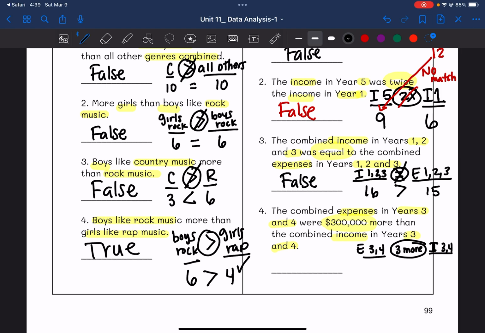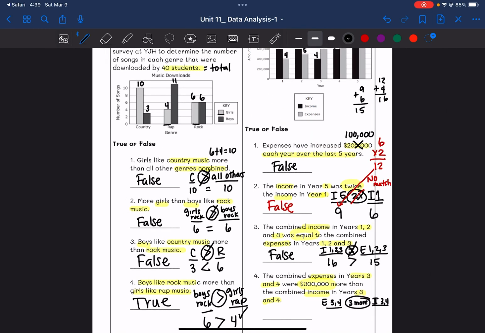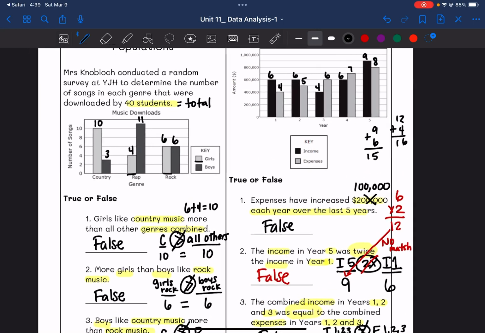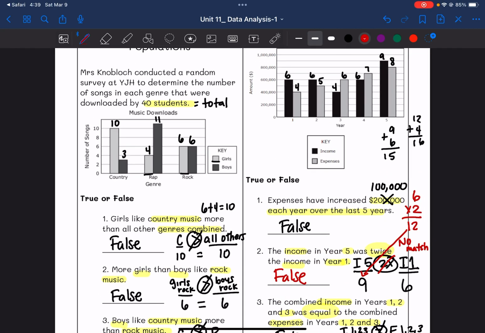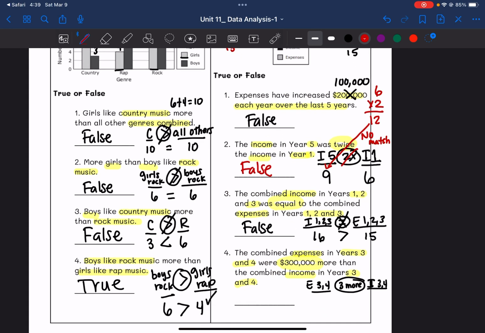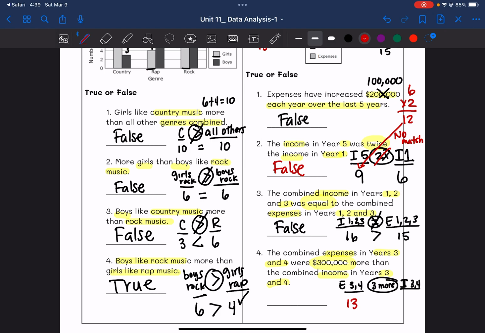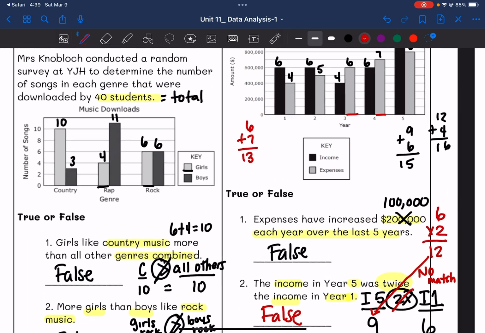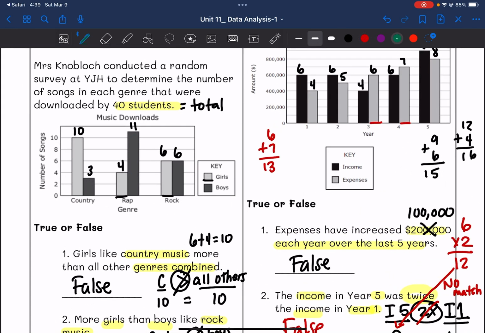Now, let's go back up to the bar graph and let's look at expenses of years 3 and 4. Expenses of years 3 and 4 are 6 plus 7. Now, 6 plus 7 is 13. And then income of years 3 and 4 is going to be 4 plus 6.